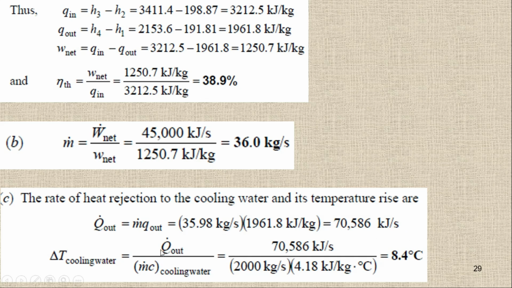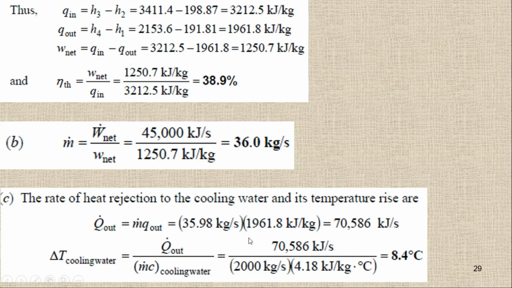This Q out is the Q gained by the water, and for Q gain it is simply m c delta T, because the water is only getting the heat and is not going to evaporate. You will find only the sensible heat inside the water, so only the temperature is going to increase.